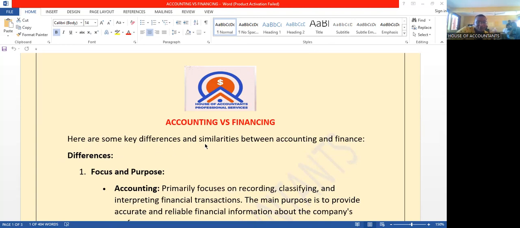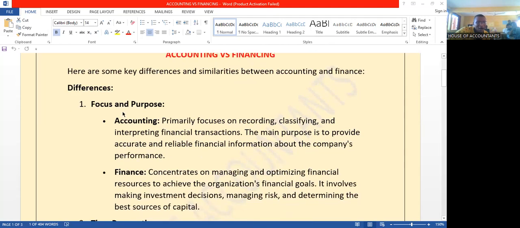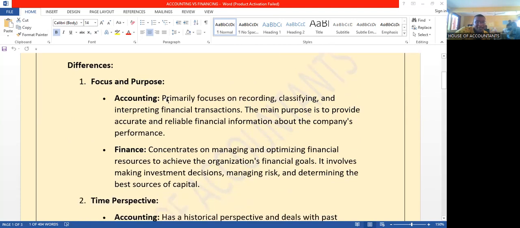So here are some key differences and similarities between accounting and finance. Now, focus and purpose. The first thing is that accounting primarily focuses on recording, classifying, and interpreting financial transactions. The main purpose is to provide accurate and reliable financial information about companies' performance.